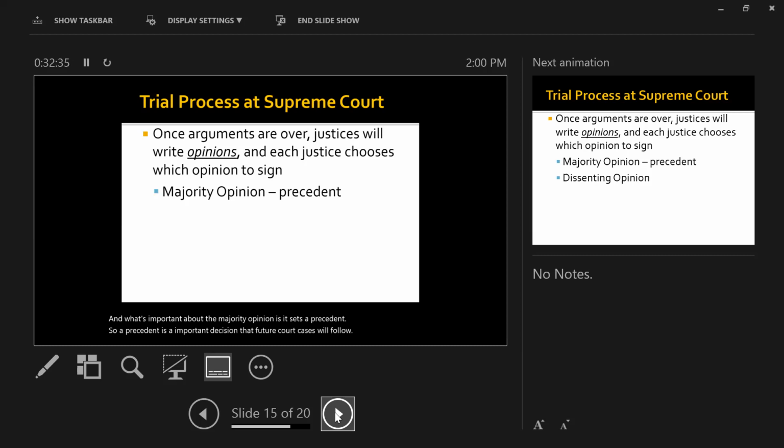So for example, Plessy versus Ferguson, the Supreme Court case that says that separate but equal segregation is constitutional. So that court case that decided that segregation was constitutional, that precedent had to be overturned in Brown versus Board. So until Brown versus Board, Supreme Court justices agreed with the precedent set by Plessy versus Ferguson. Does that make sense?